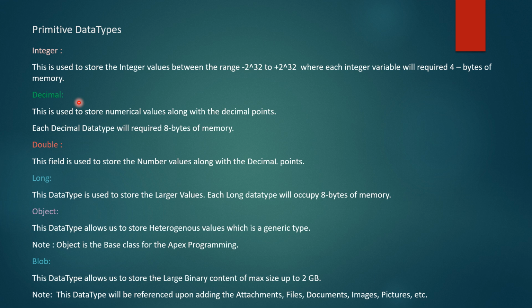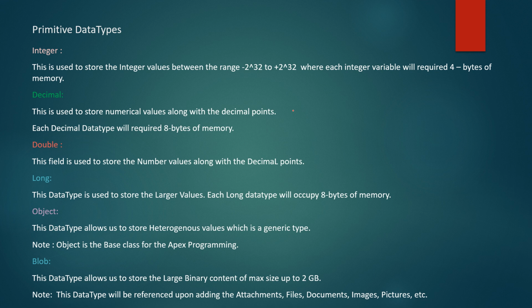Okay, decimal. This is used to store numerical values along with the decimal points. The only difference between integer and decimal is that integer holds number values, and the decimal data type holds the decimal points as well, like 23.24. Here 23 denotes the number and 24 denotes the decimal.